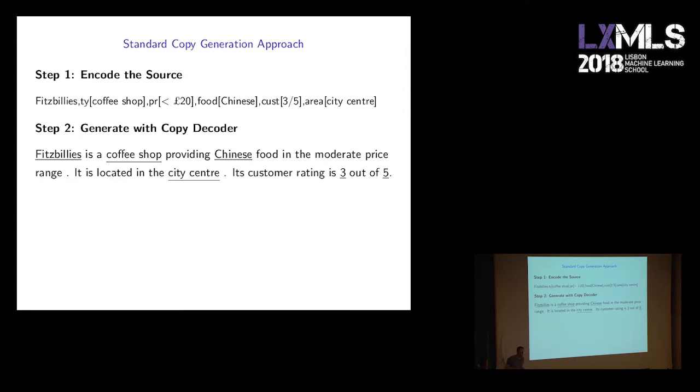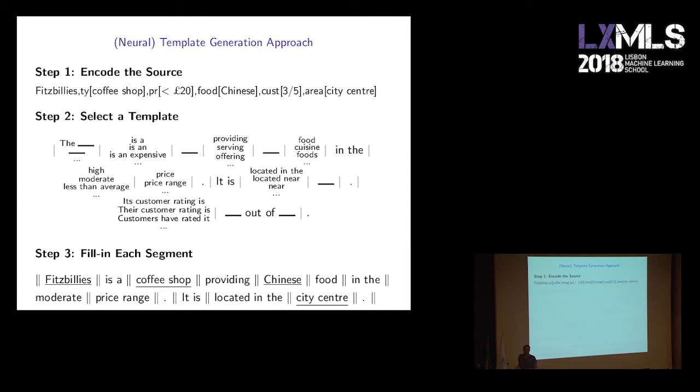What I'm going to propose in this project is that I would like to instead use something that looks more like a template. Here, I'm going to run the following generative process. First, I encode my source sentence exactly as I did previously. Then, I'm going to assume that I magically have a bag of templates. And my templates are going to look something like this.